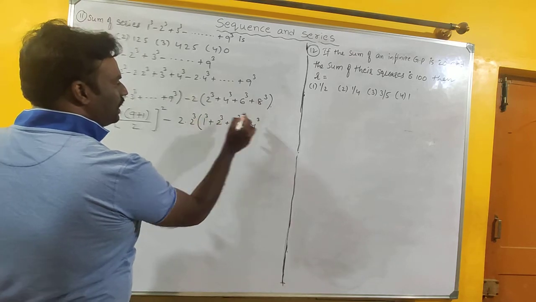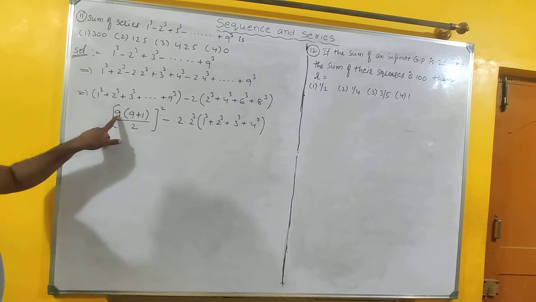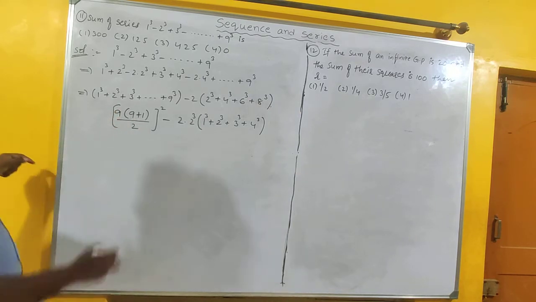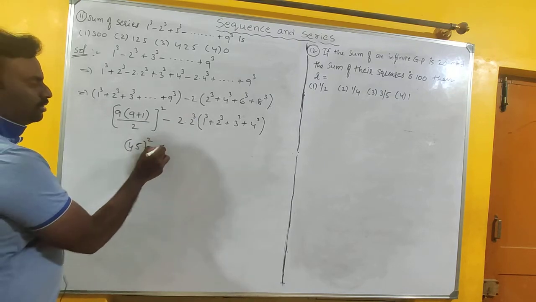This 1 can be written as 1 cube. Here it is 9 into 10, that is 90, 90 by 2 is 45, whole square, minus 2 cube, that is 8, 2 times is 16.